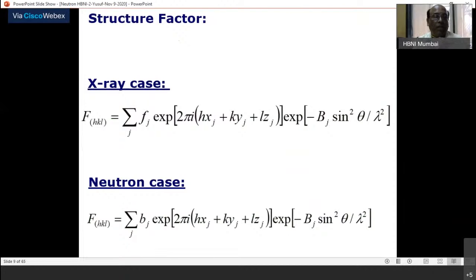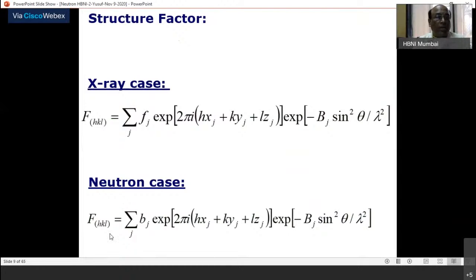The nucleus is always there, so it interacts with the neutron, and that interaction strength was given by the empirical formula of Fermi.